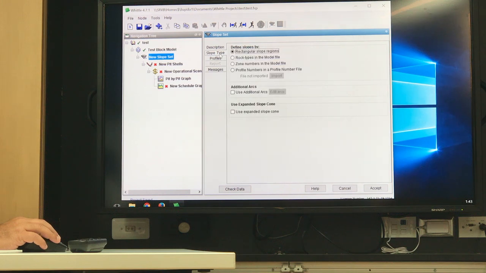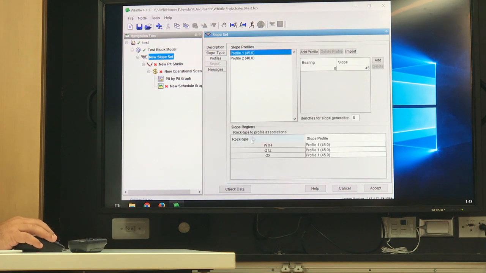The other way is by selecting rock types. So if you have different rock types on different walls of your pit, you could assign different profiles to them. For example, as you can see here, you have all these different rock types. If I know, for example, this rock type is representing my hanging wall, and I want to assign a specific slope angle to this rock type, then I would go with this option, which gives me the rock types, and then I can assign a specific slope angle to that rock type.